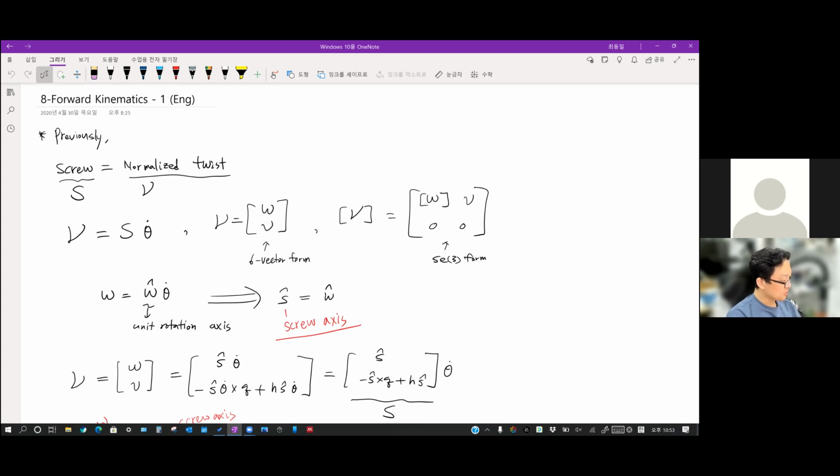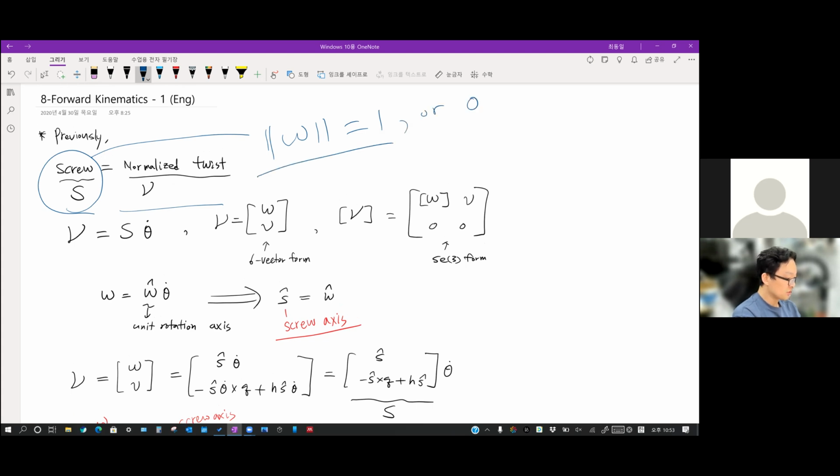As we learned, the screw is a normalized twist. So the size of the screw is always 1 or 0. The screw multiplied by the magnitude of velocity will be the twist.